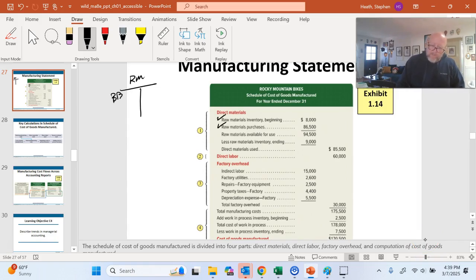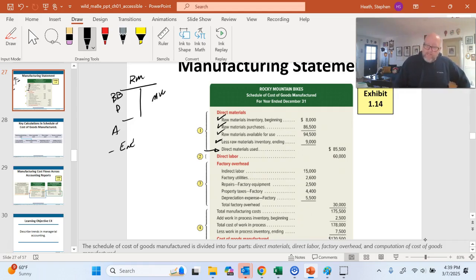That would be this, what we were just talking about. Then we would have raw material available for sale. And then we would quantify ending. And that would yield materials used, which is that. And that is an input into our work in process.